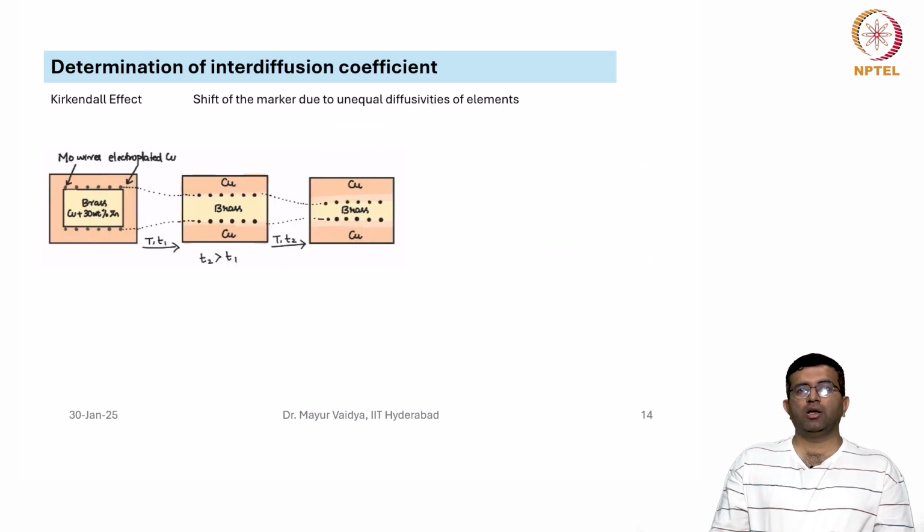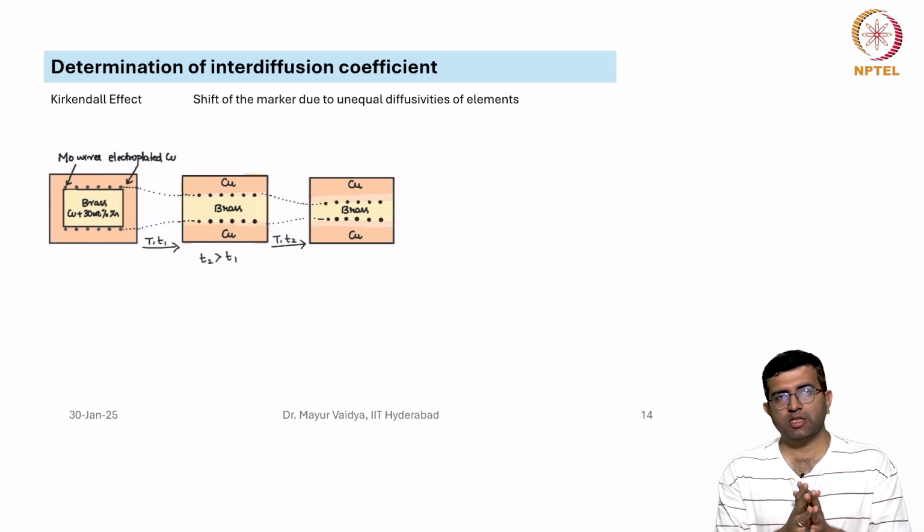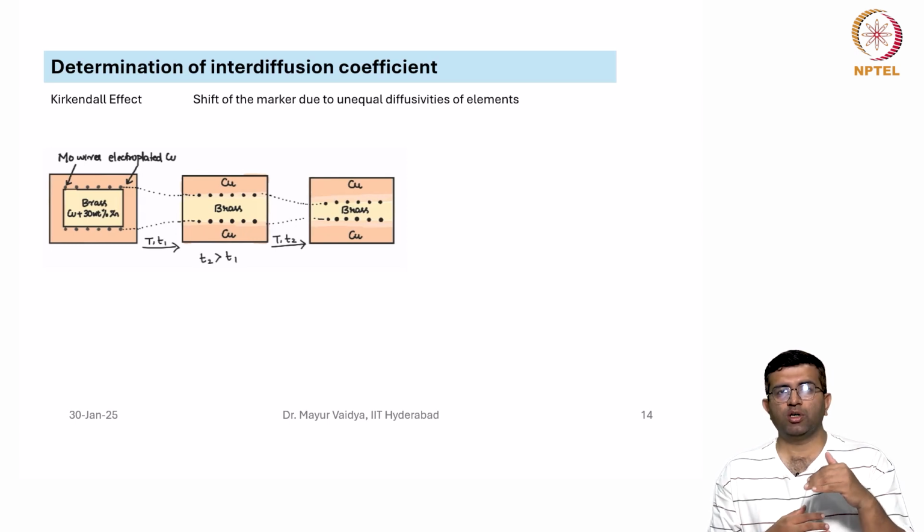Then we talked about a very important effect, the Kirkendall effect, where Kirkendall conducted an experiment with copper and brass to show that the markers moved due to interdiffusion, due to the unequal diffusivities of the elements copper and zinc.